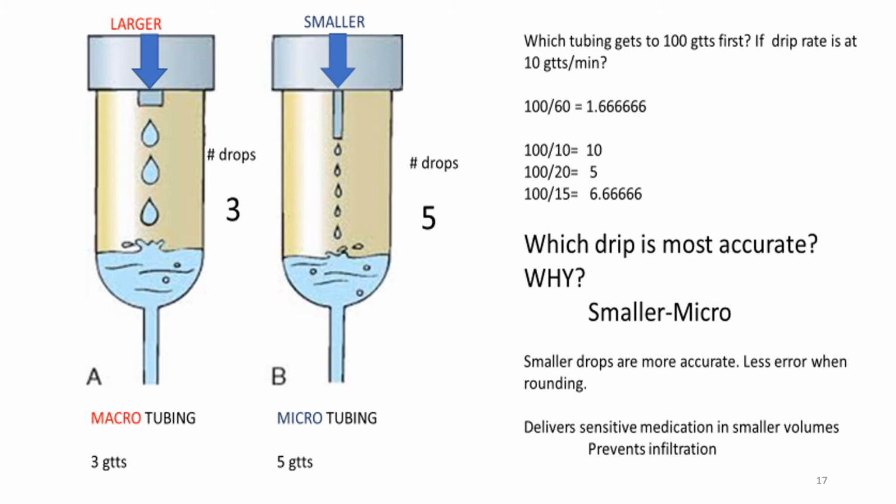When you're rounding drops, of course, you can't do half a drop, so you're going to round to the nearest drop. If I'm given a medication, let's say a cardiac medication or something that could be very toxic, then I most certainly want to use micro tubing because the drops are smaller and it's going to be a lot more accurate. You can also see at the bottom I talked about the sensitive medications.